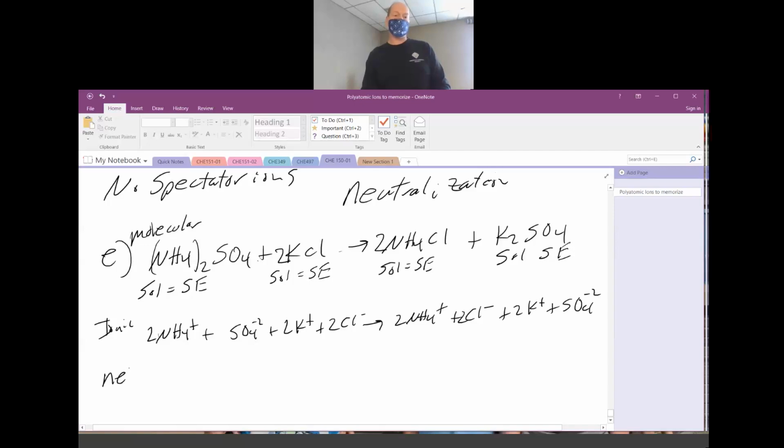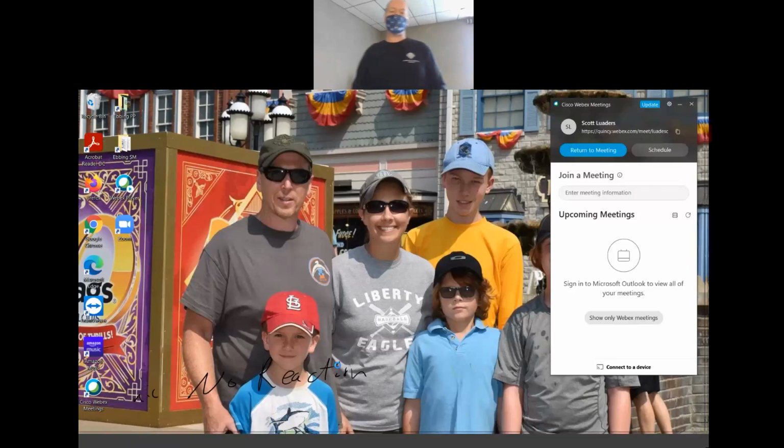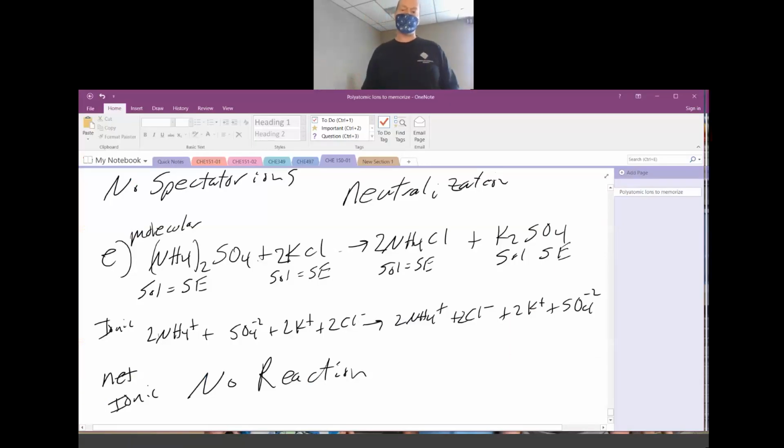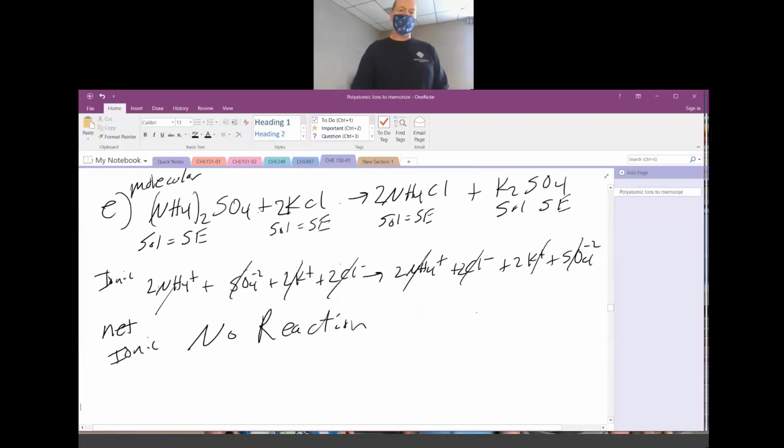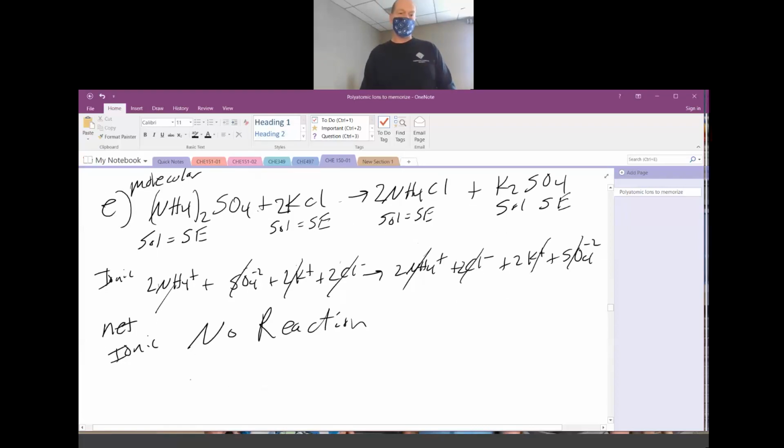And so the net ionic is no reaction. There's nothing that occurs when you mix those things together. When you cancel all your common ions, subtracting 2 ammonium, 1 sulfate, 2 potassiums, 2 chlorines from both sides, you see that you have nothing left. This is no reaction, and the spectator ions, well, they're all spectator ions.